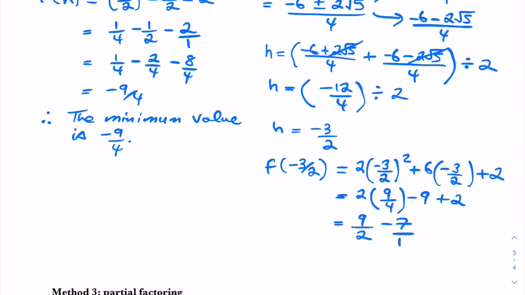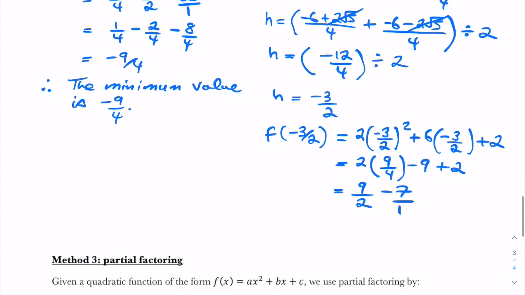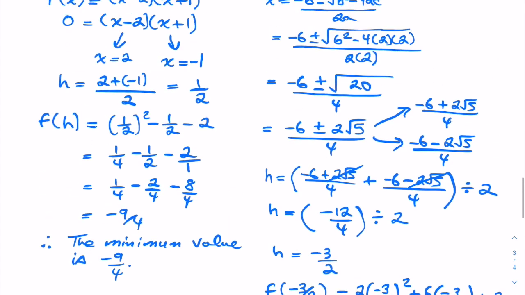That 7 is over 1. So as a final simplified answer, 9 over 2, take away 7 over 1. That's going to give you 9, take away 14, all over 2, which is equivalent to negative 5 over 2. And there you go, everyone. That's the k value, or the y-coordinate of the vertex.